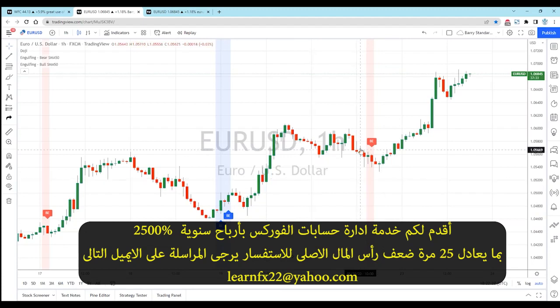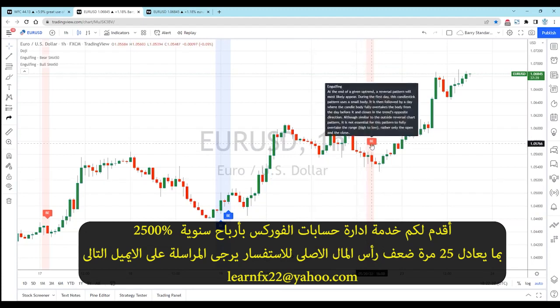If I put my highlighter on them, it's going to tell me exactly what I'm seeing and exactly what I'm supposed to do, not because it's analyzing the price action. This is a bearish engulfing candlestick pattern, and when it appears, it's telling me this is what I'm supposed to do.